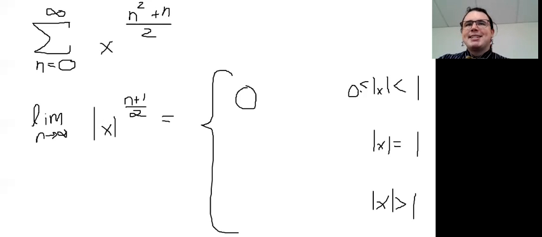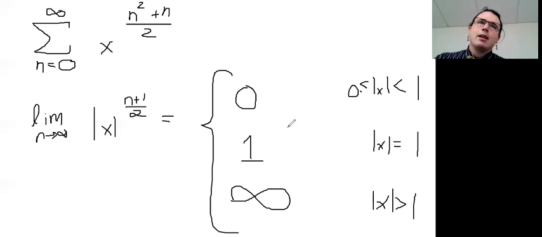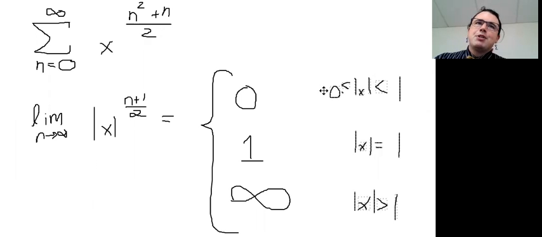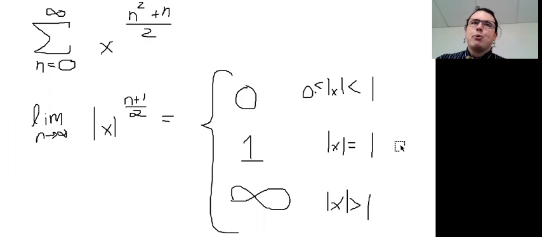If this absolute value was exactly equal to 1, well, 1 to any power is itself, and I just get 1. And then if my absolute value is greater than 1, taking large powers of a number greater than 1 will tend towards positive infinity. Okay. So that's the result of my limit. I get 3 different values depending on what x I put in.